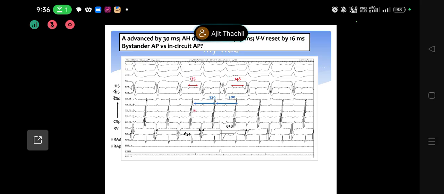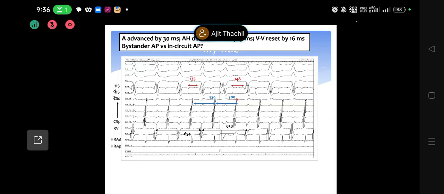But see what has happened now? Nothing has changed. Same exact timing PVC from almost the exact same site, maybe a few millimeters apart. But see what has happened to the atrial activation. The AA was 329, which became 300. So the atrial activation has got preponed, which means there is another route of conduction from the ventricle to the atrium.